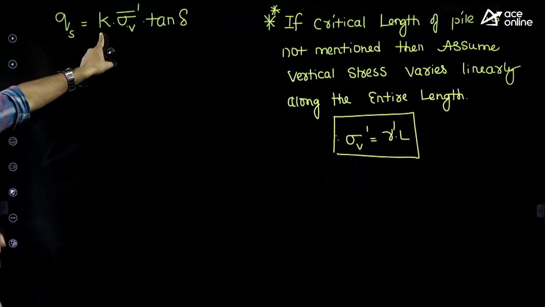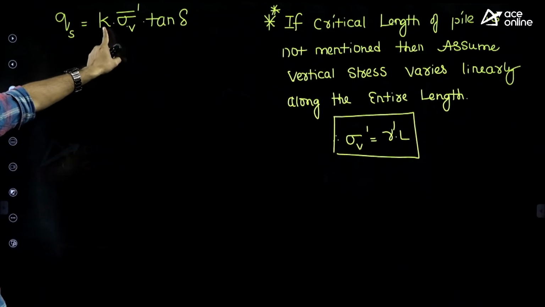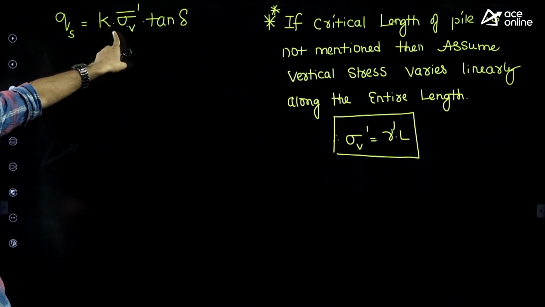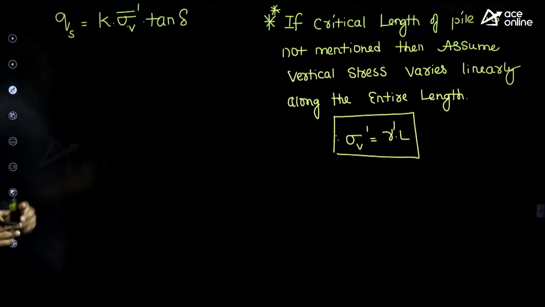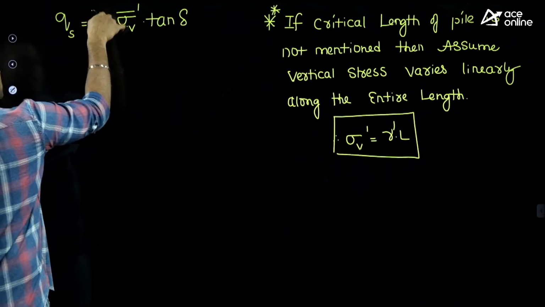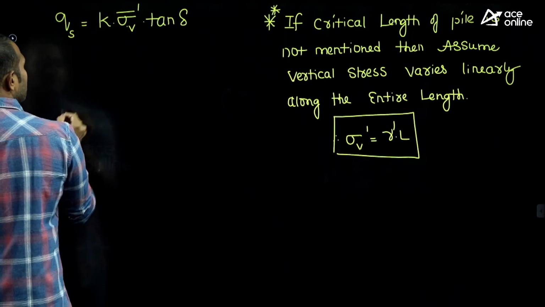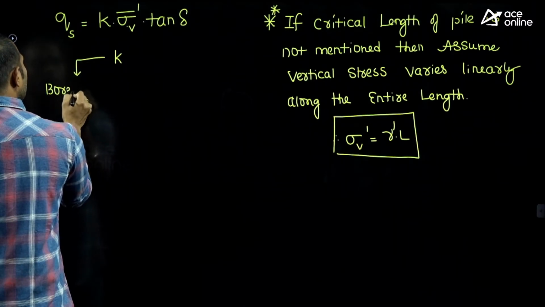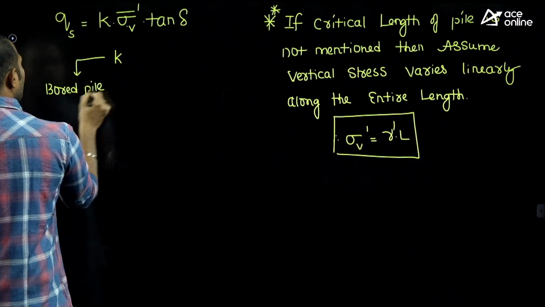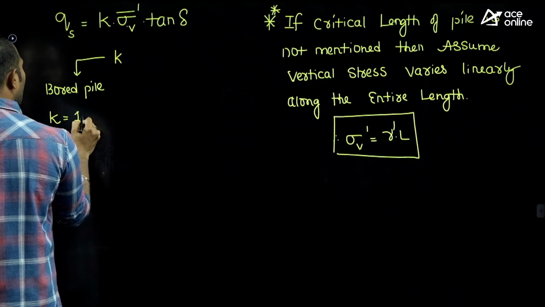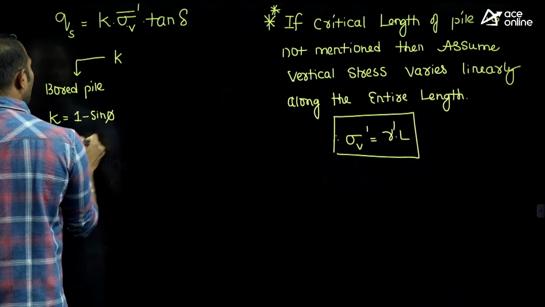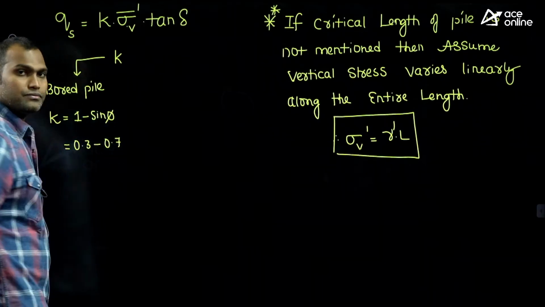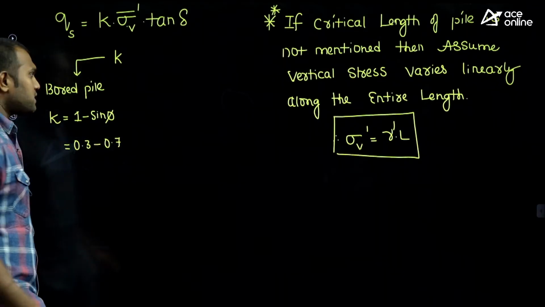The K value is different for bored piles and different for driven piles, where the coefficient K is nothing but the coefficient of earth pressure. In the case of the bored pile, the K value is 1 minus sin phi, and it lies between 0.3 to 0.7.